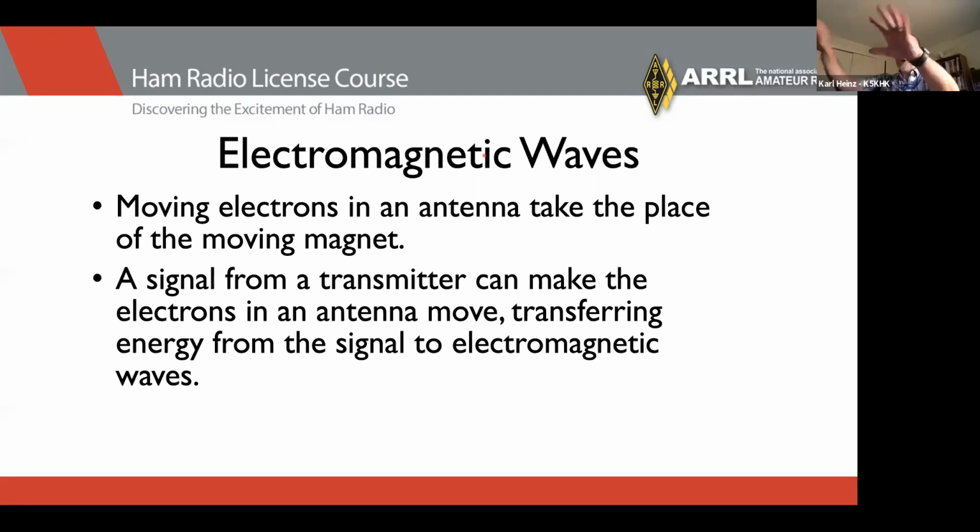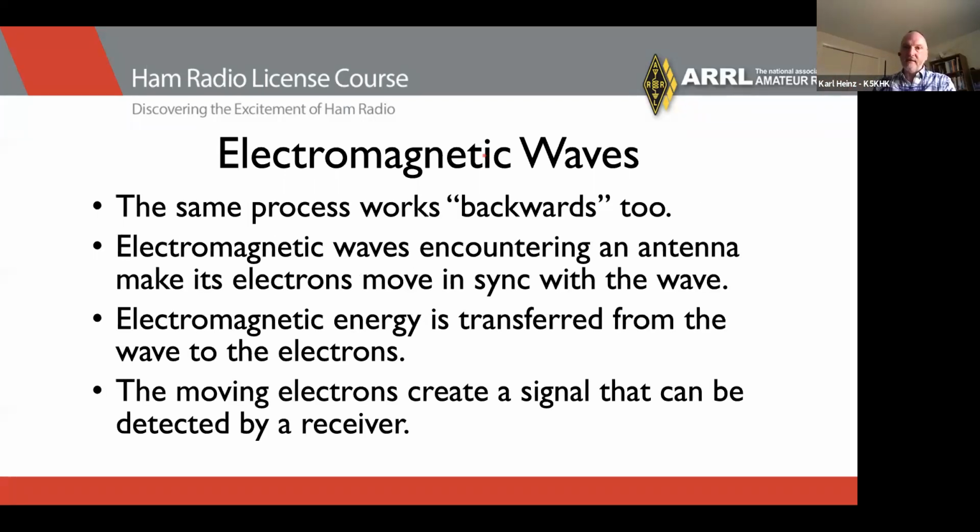Independent of the antenna, it just travels through space and hits another antenna, where this then gets done in a backwards process. That electromagnetic wave induces a current, a movement of electrons in our antenna, and that electric current can then be received and amplified by a radio. Again, there are no questions on the test about that. This is just to give you a rough idea of what we are dealing with when we push that push to talk button on our radio.